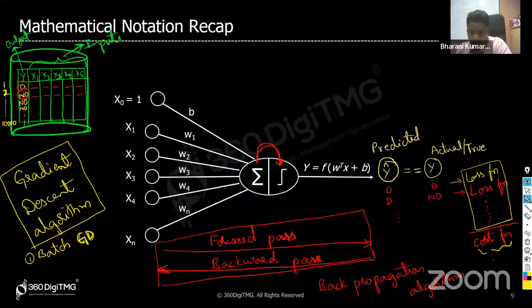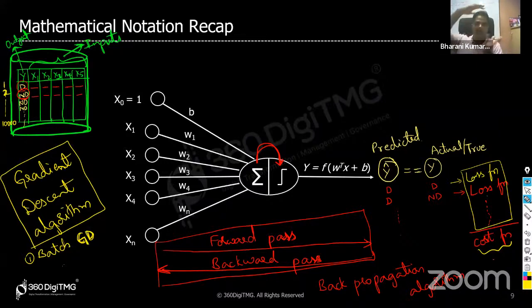You take that cost function, go back and update the weights so that you minimize the loss. This process or algorithm which is running behind the scenes, when you pass all the observations one after another through your network, calculate the loss, aggregate it to get the cost, and then back propagate and update the weights, is called batch gradient descent.